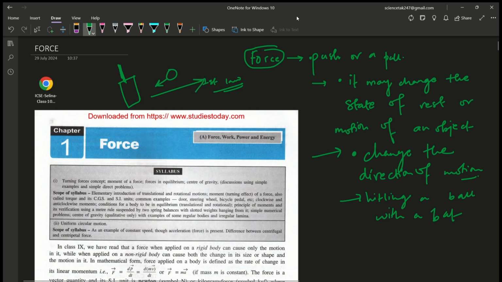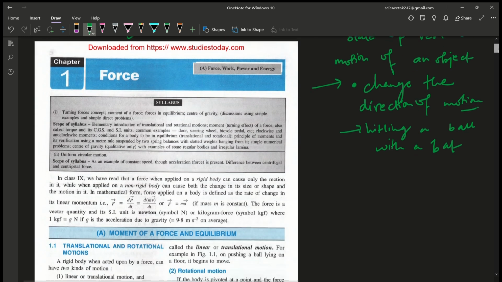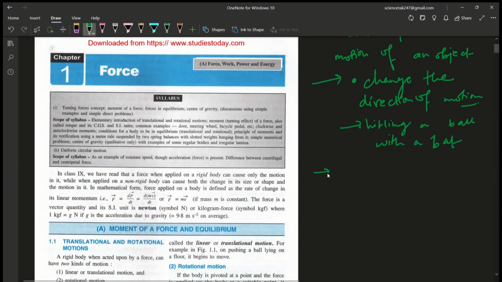Next, another thing would be it changes the shape and size of an object.